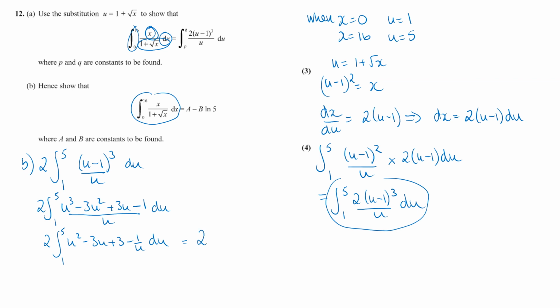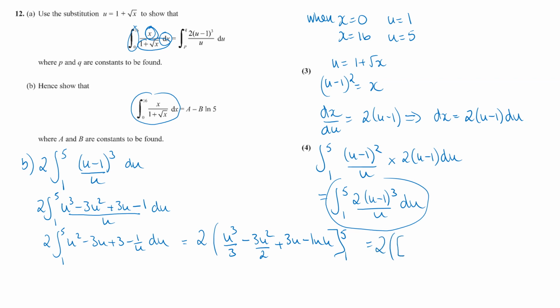So 2, and we're going to get u cubed over 3 minus 3u squared over 2 plus 3u minus the ln of u between 1 and 5. Put our limits in. So 2, and let's have some round brackets.